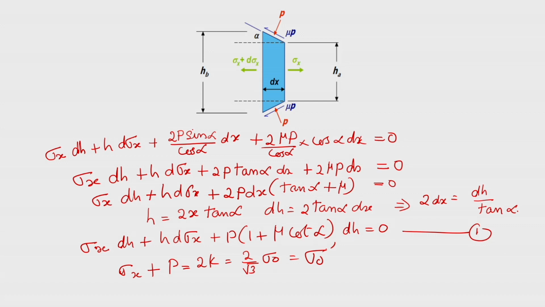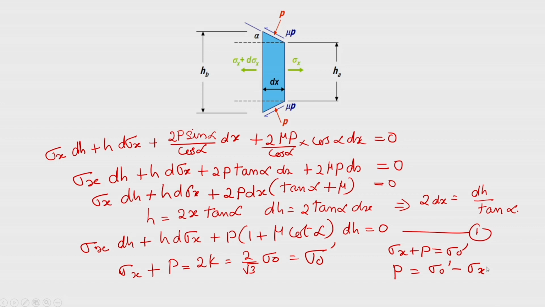So if you just substitute that, you can say that sigma x plus p is equal to sigma 0 dash, or p is equal to sigma 0 dash minus sigma x.